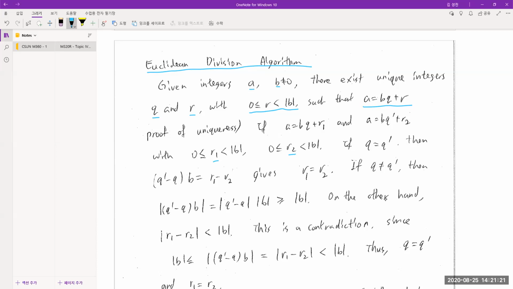If q and q prime happen to be equal, how do we obtain the result?